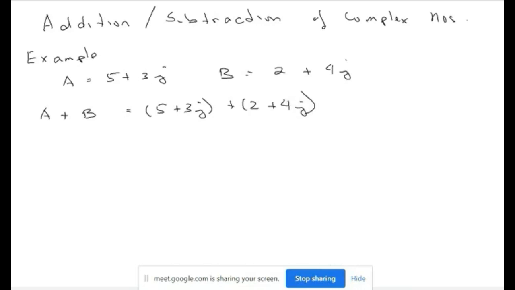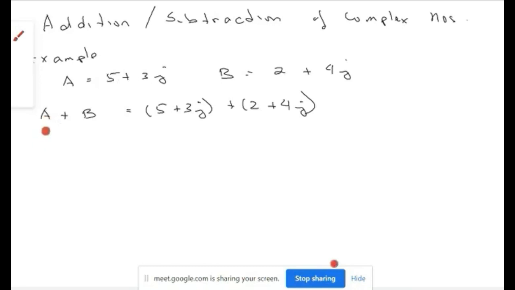Now, if you are adding or subtracting complex numbers, you do not operate the real number and the imaginary number together. What we do is we separate the real from the imaginary.